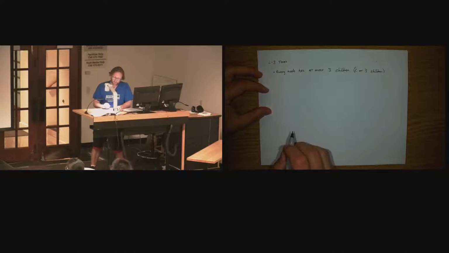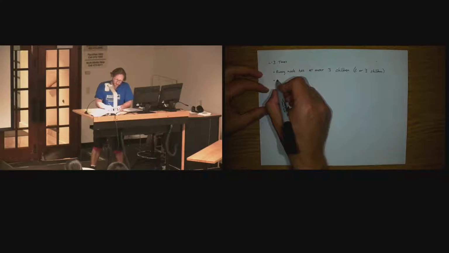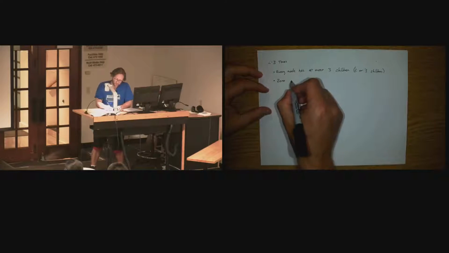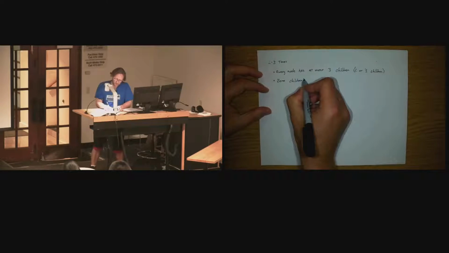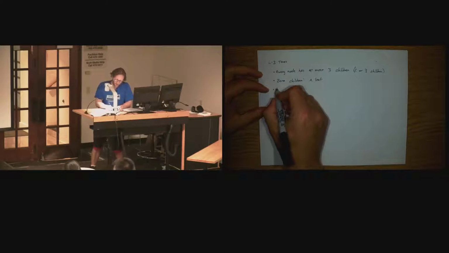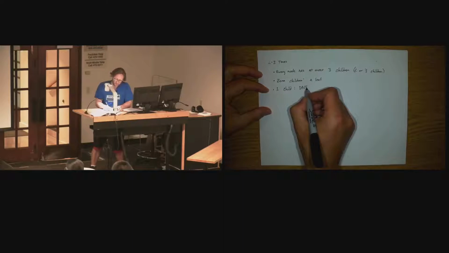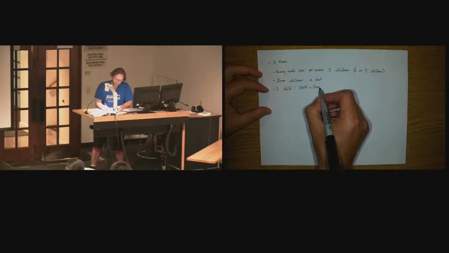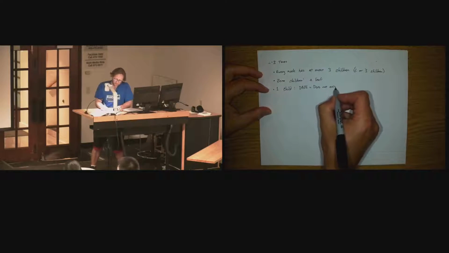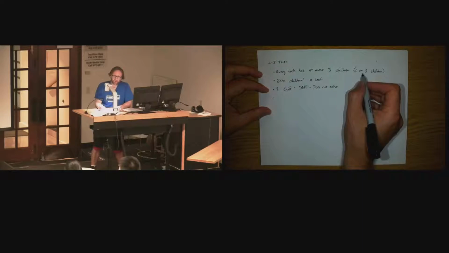And leaves have no children, but they're not going to have 1 child, right? 0 children is going to be a leaf, and 1 child does not exist. Right?